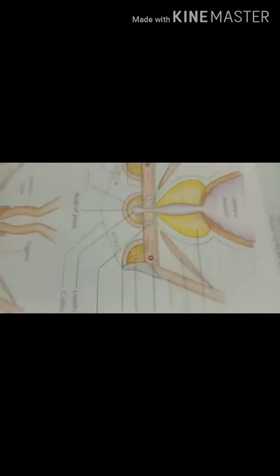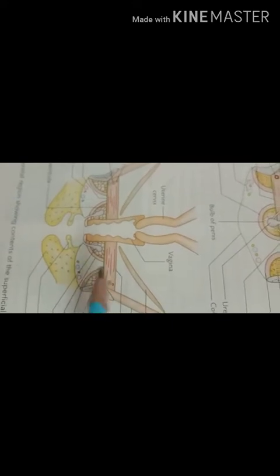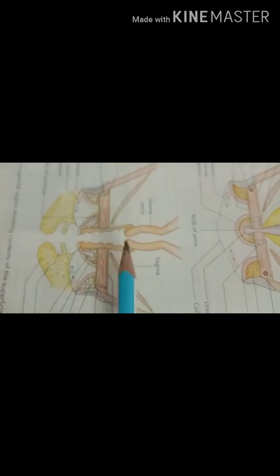So now we should see the superficial contents present in the superficial perineal pouch in the female. So here the root of the clitoris, this one. Then the bulb of the vestibule, which is covered by the bulbospongiosus muscle. These are the bulbospongiosus muscles. Then the superficial transverse perineal muscle.